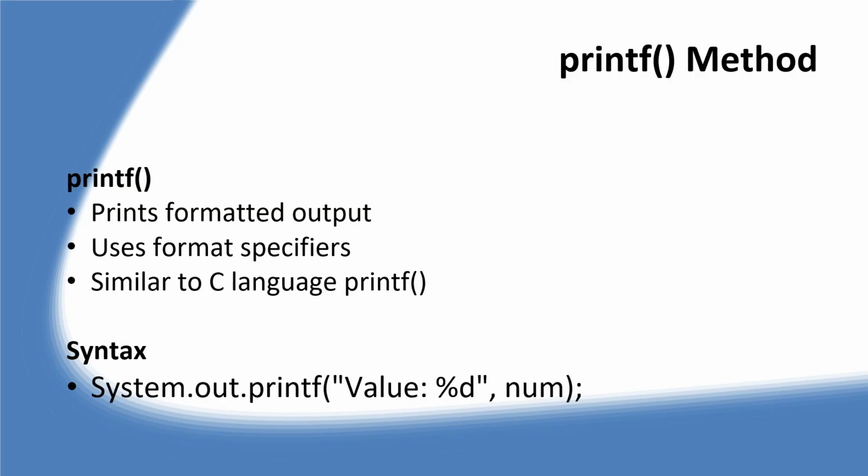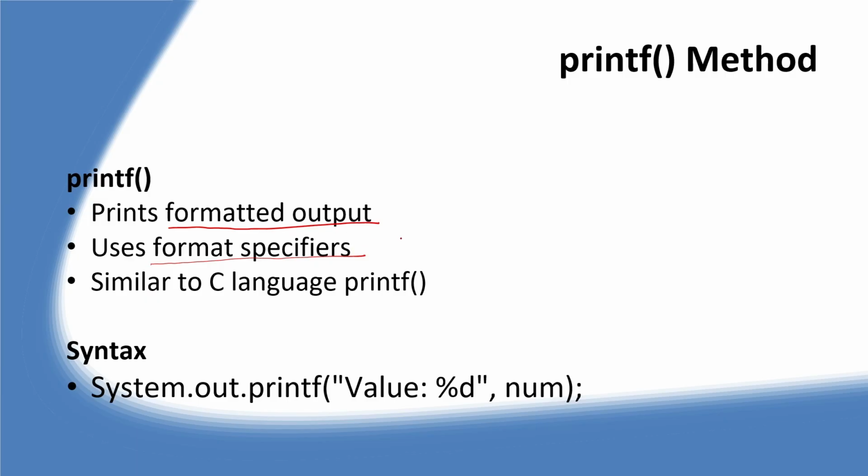And the next method is the printf method. The printf method is used when we want formatted output. It allows us to insert variables into a string using format specifiers. So what is a format specifier?